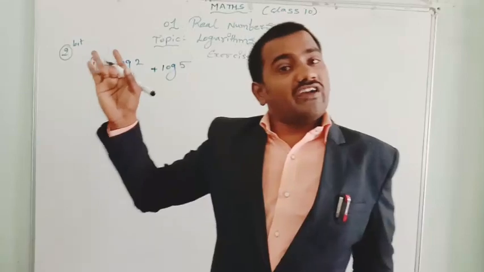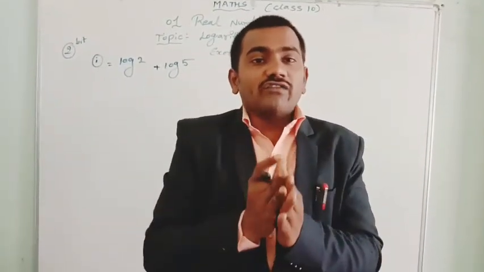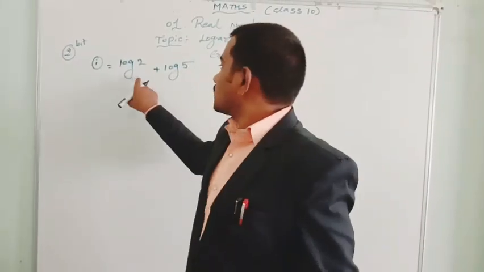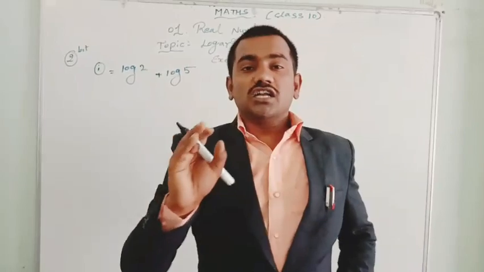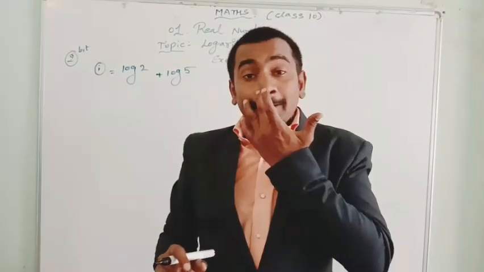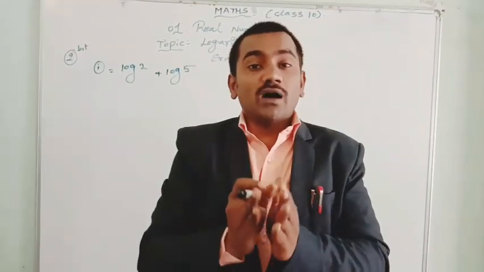As I said in my previous video, in the logarithm, if they are not given any base for the given logs, it is always 10. If you take it as 10, it is called a normal logarithm.